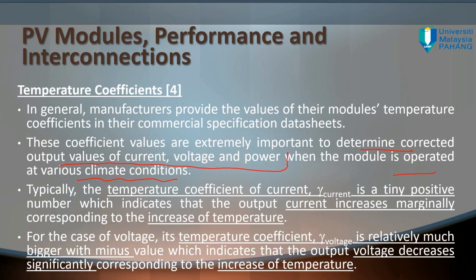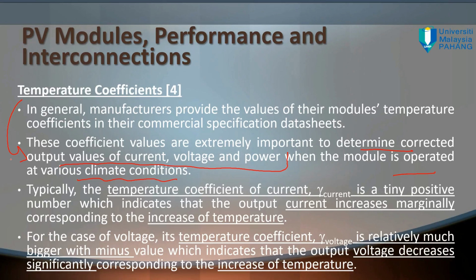So the temperature coefficient is used to calculate the real operating condition of that module in a certain period of irradiance and temperature conditions. That's why these values are very important. It is very useful for us in designing the grid-connected system, which will be based on the temperature coefficient also.